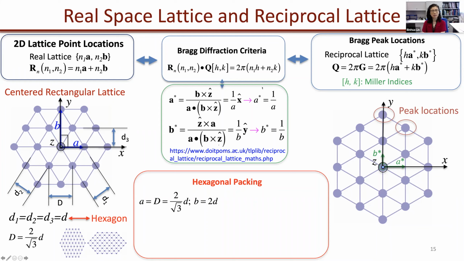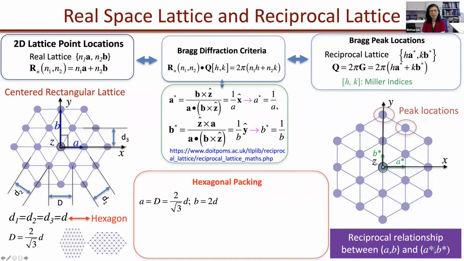Immediately you see this very simple but pretty reciprocal relationship: A star equals 1 over A, B star equals 1 over B.